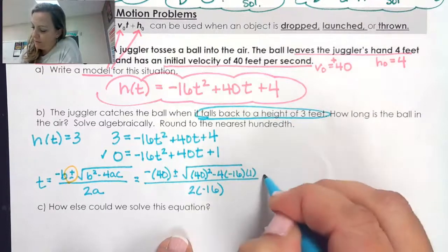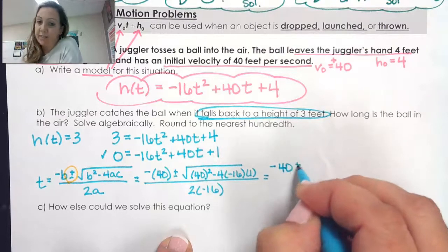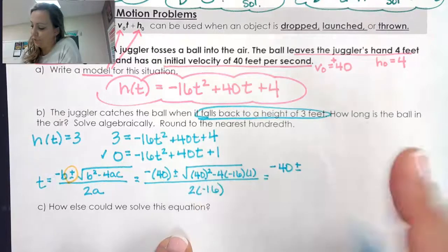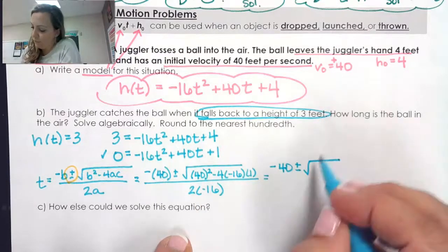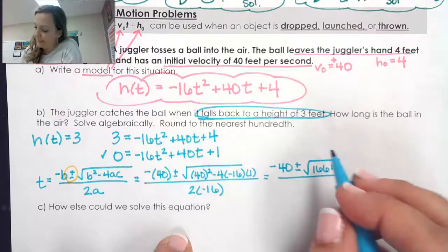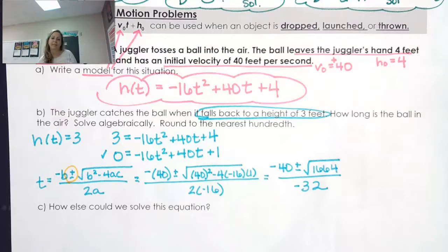Okay, so I'm going to clean that up a little bit. -40 is just -40. If I simplify this and find my discriminant, if I take 40 squared minus 4 times -16 times 1, I get 1664. And then 2 times -16 is -32.